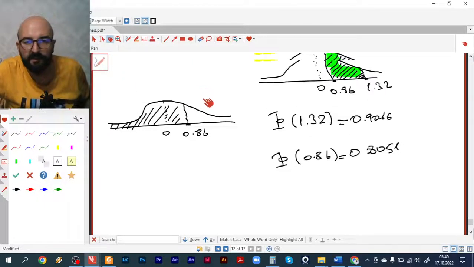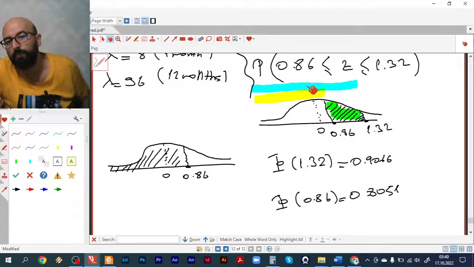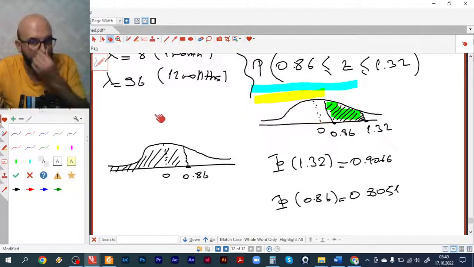And if you remember, the blue area is the big area here, the yellow area here, and if we figure out the blue area minus yellow area, we will find the green area.